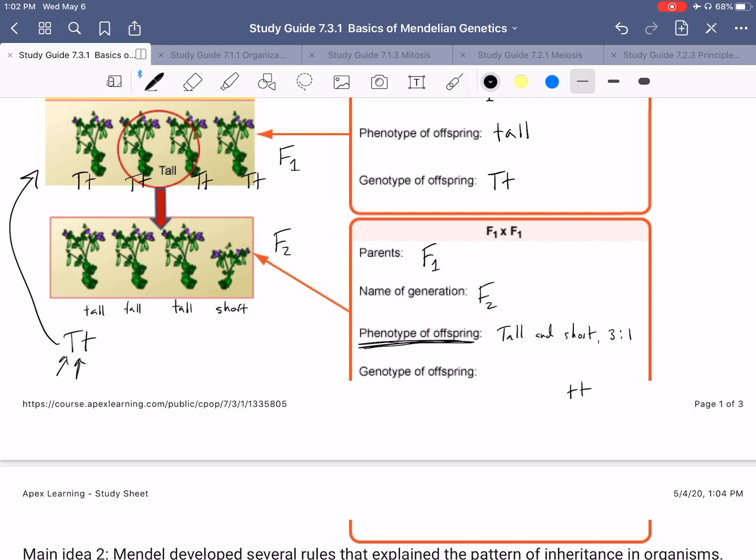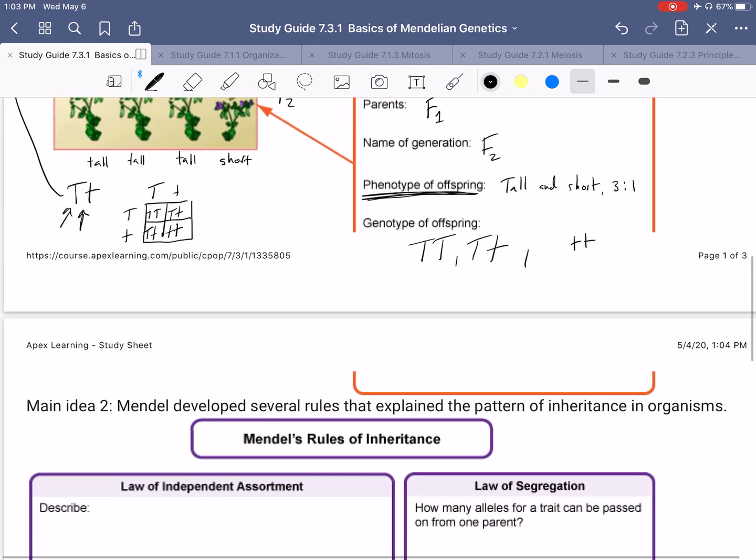So what you will find when you cross, we're going to do these a little later. We call these Punnett squares. You got big T's and little t's, big T's and little t's. You get offspring that are a combination of homozygous dominant, homozygous recessive, and heterozygous. So the genotypes are going to be big T, big T, big T, and little t, little t. You get a little bit of each genotype in there.